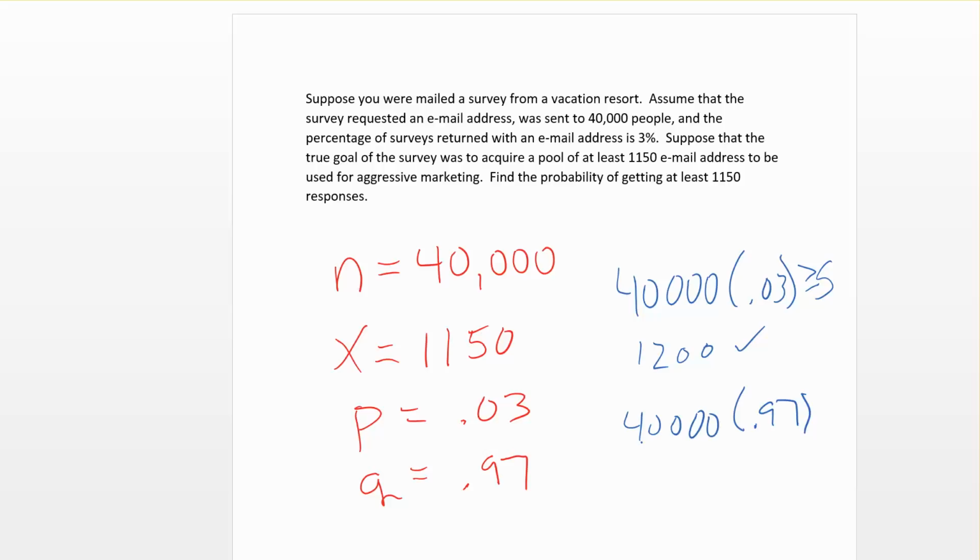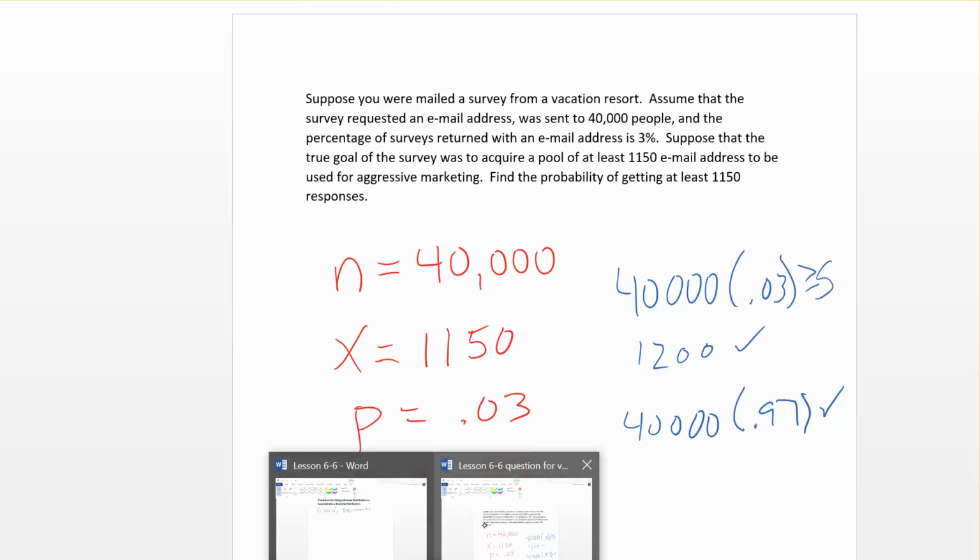And obviously that's going to be the complement of 1,200. So it's going to be way more than 1,200. Check. So both of those requirements are met. So we verified the requirements that it is binomial. N times p is greater than or equal to 5. N times q is greater than or equal to 5. So we're ready to move on.